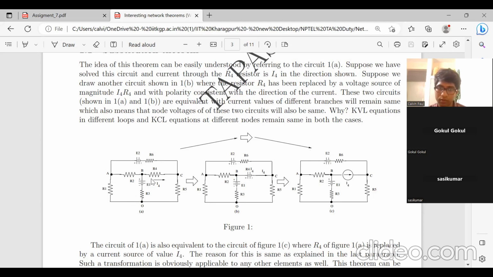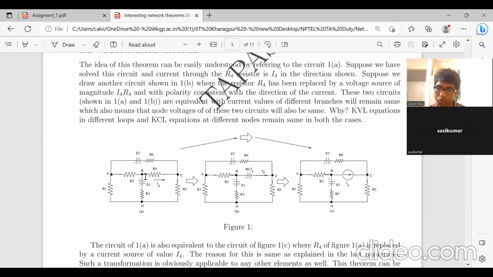But now, we know that the voltage drop across BC is I4 into R4. The voltage drop across the terminal B to C is I4 into R4. So what we can do is we can replace this resistor by another voltage source whose value is R4 into I4.